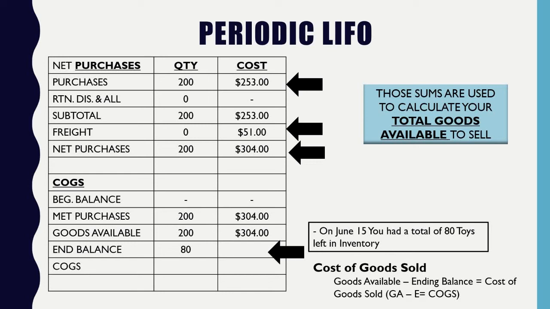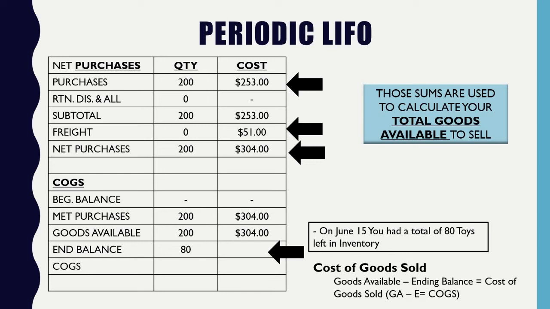And we were also given that on June 15, we had a total of 80 items left available on hand. So once again, we're assuming that we are beginning our inventory from the very beginning, as in we start off with 0. So here we plug in our net purchases from right above. Now we need to calculate our goods available, which, since I don't have beginning inventory, is my net purchases.